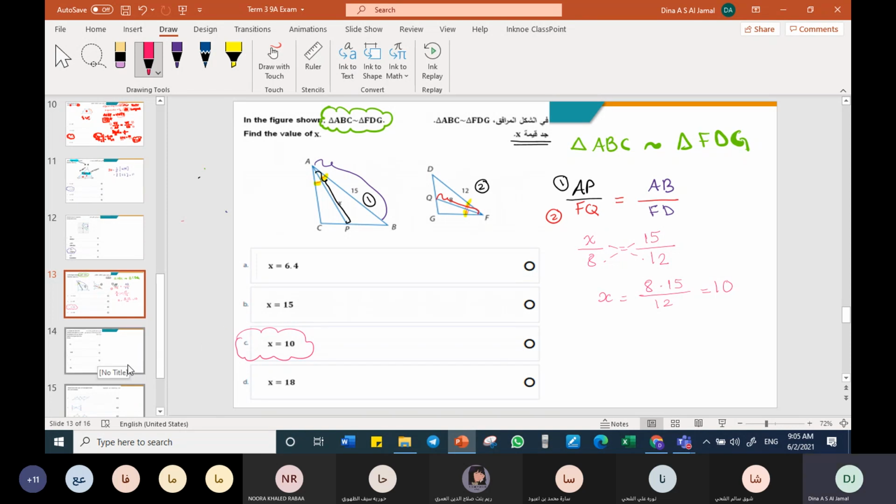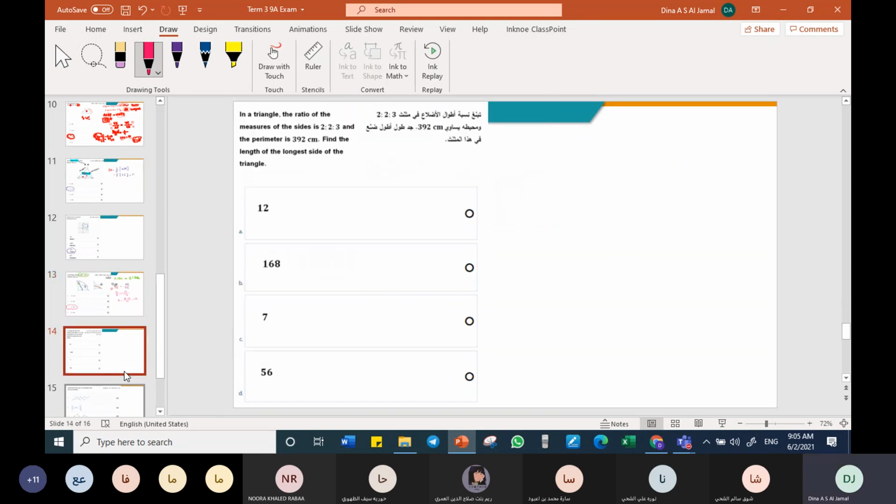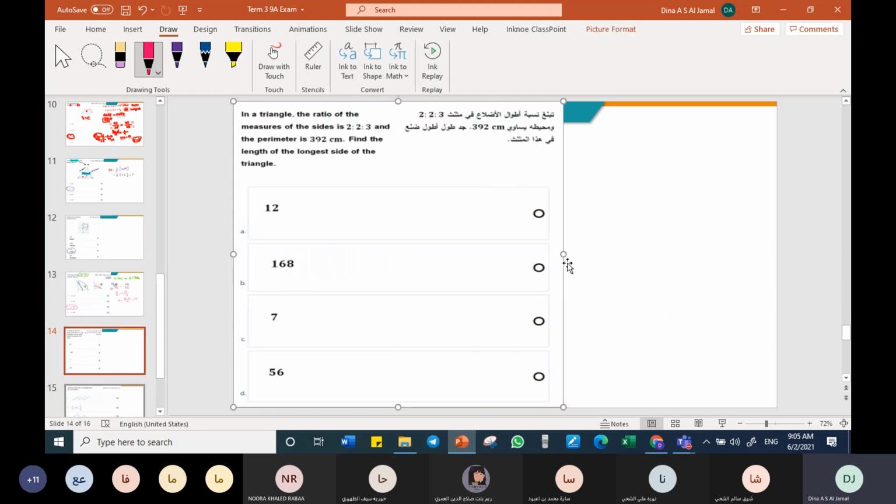Let's have a look at the other question. And this question is really important. I would like you to read the questions in the exam until the last word. So, in a triangle, he gave you the ratio of the measures of the sides to be 2 to 2 to 3.